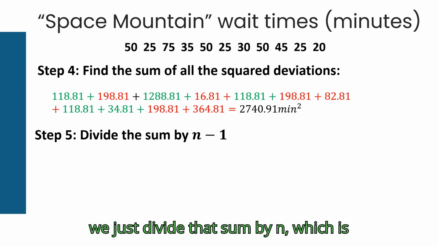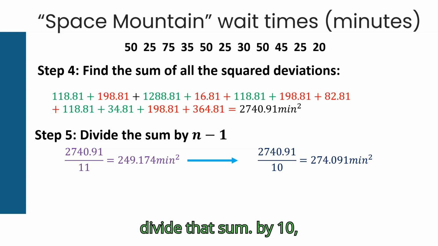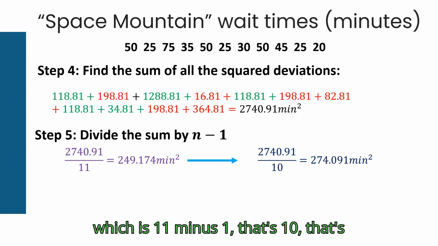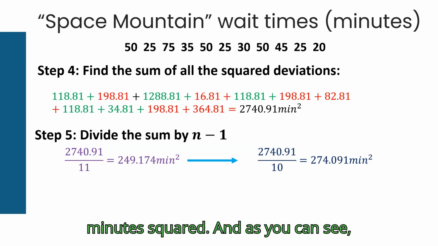If we just divide that sum by n, which is 11, that gives us 249.174 minutes squared. Versus if we divide that sum by 10, which is 11 minus 1, that gives us 274.091 minutes squared.